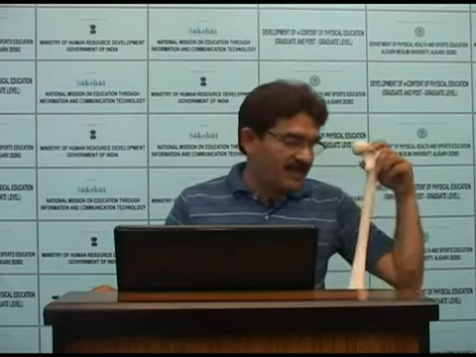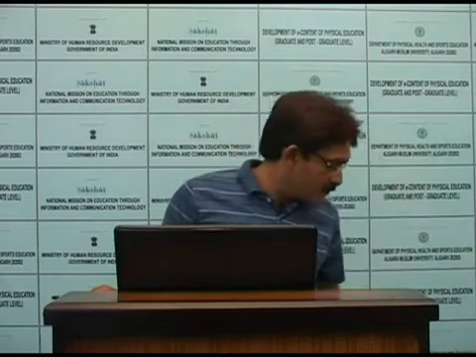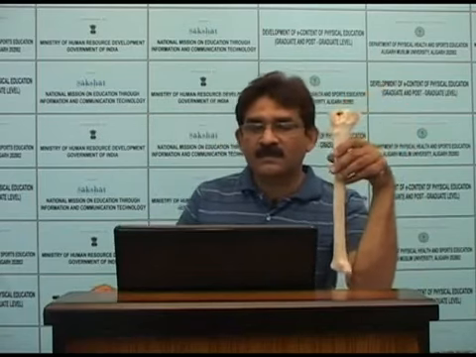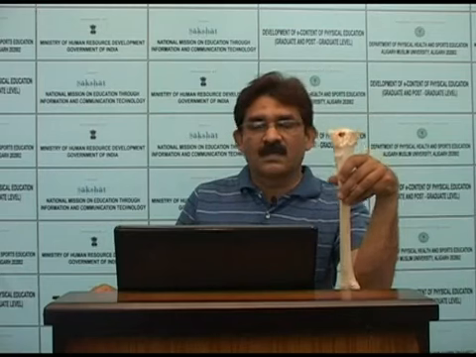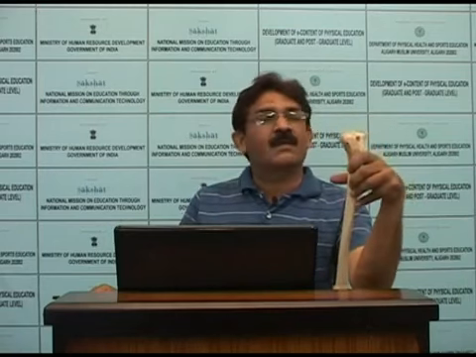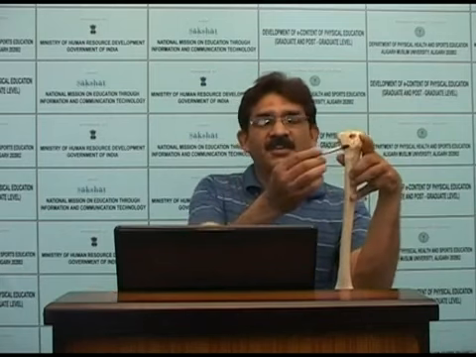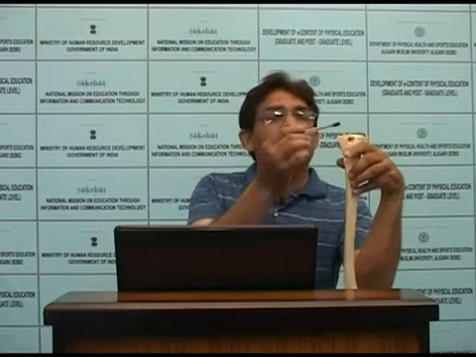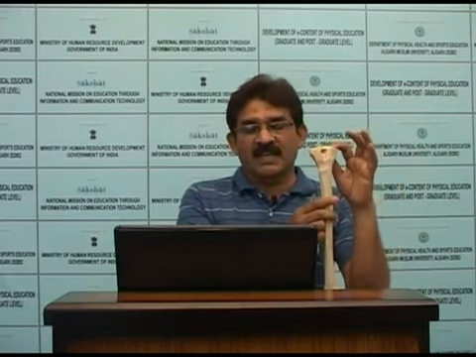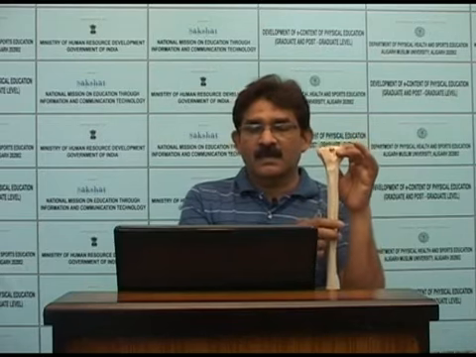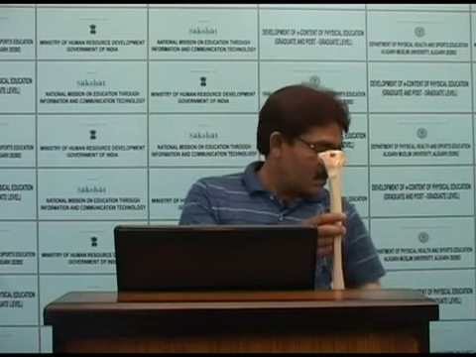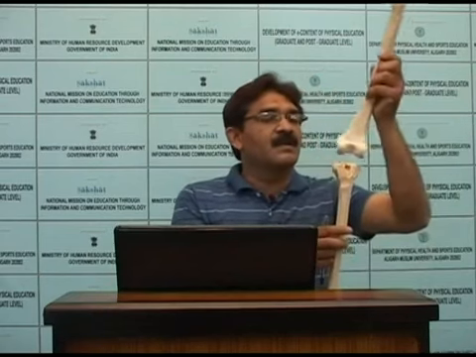The next bone is the tibia. This is another long bone called the tibia, and this is the anterior part of the tibia. The upper end has two facets for the condyles of the femur.